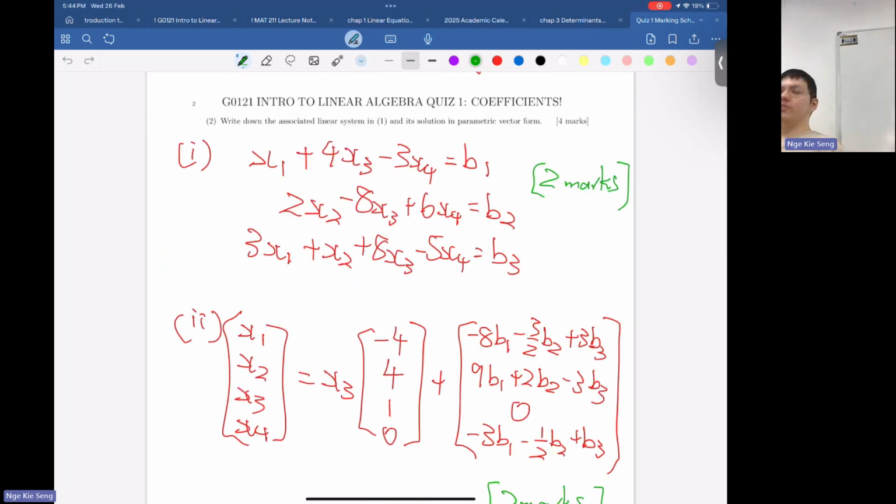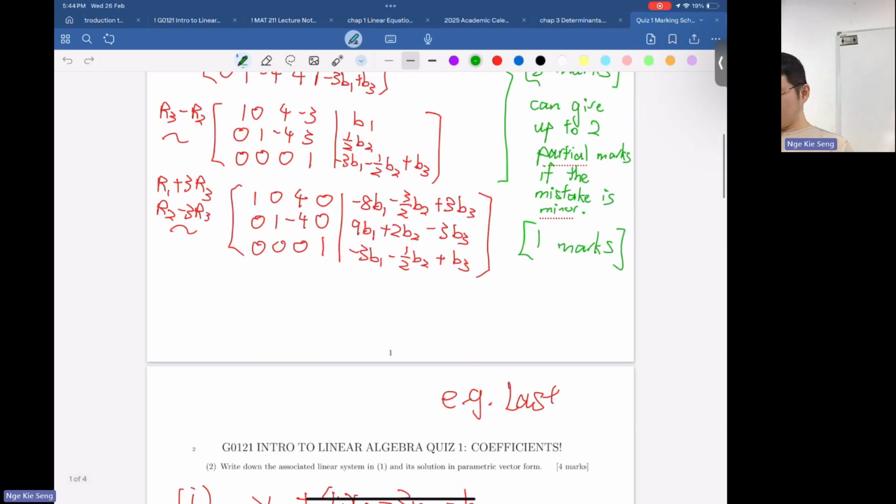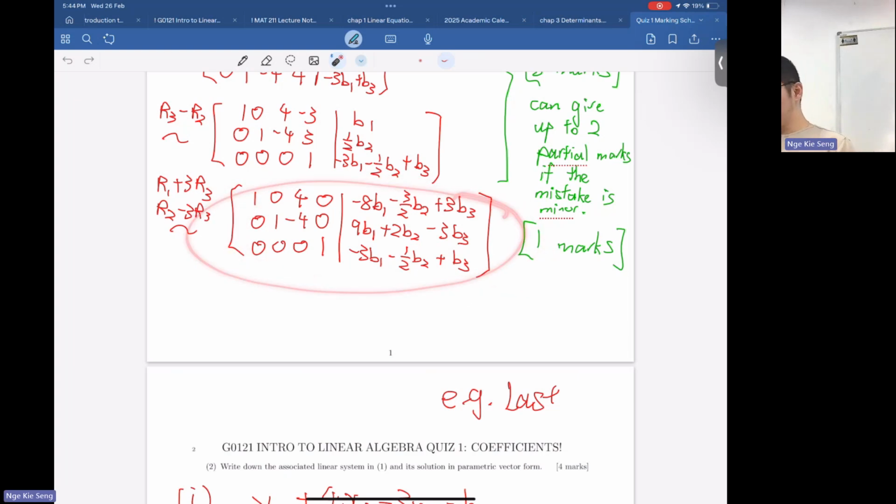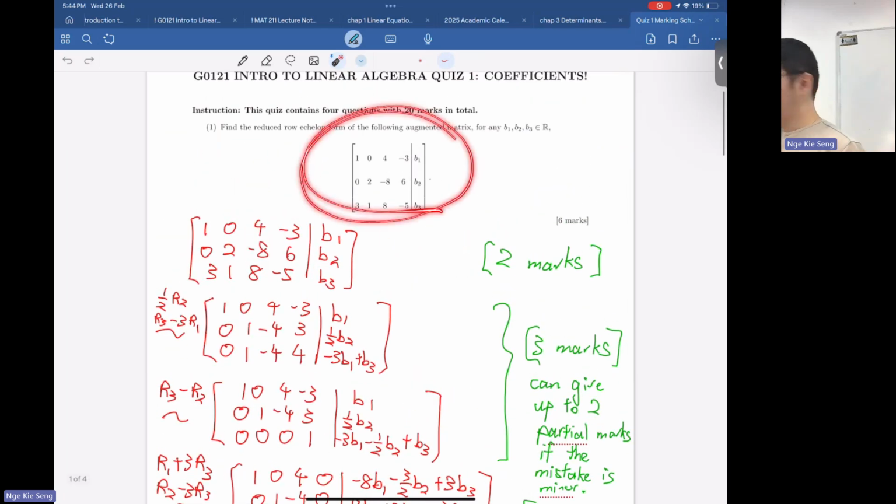In this part, I want you to write down the associated linear system and the solution here. A lot of you just wrote down the linear system from the last REF form, but this is not what I wanted, because I asked for the associated linear system.